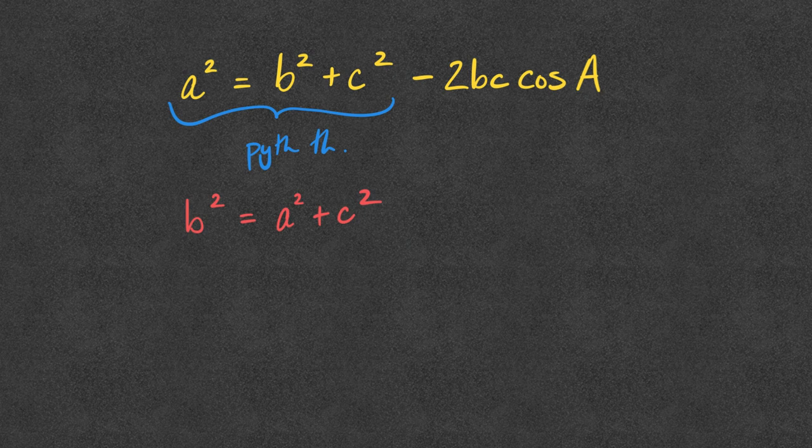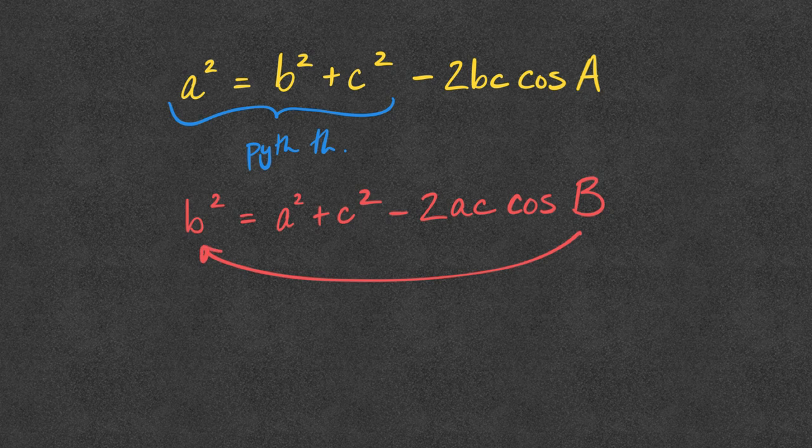Now I need my adjustment factor, so I need -2 of those. There's my a and my c. Cos, and I need angle B because I need that to match up with my corresponding side. There we go. Nice.